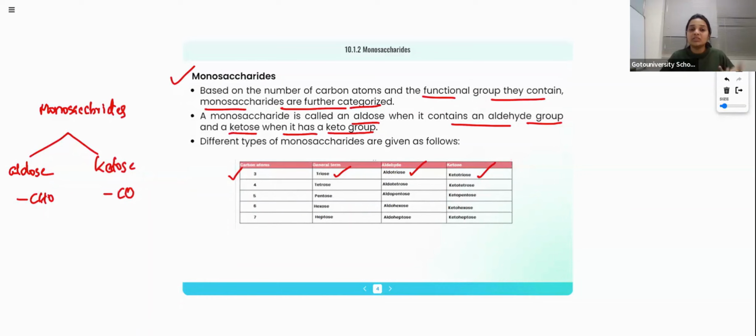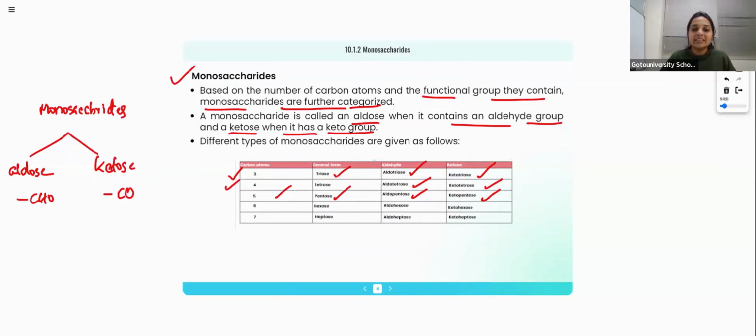Then tetrose, 4 carbon atoms: aldotetrose, ketotetrose. If it is 5 carbon atoms, the common name is pentose, which may be aldopentose or ketopentose. Aldopentose means the group is aldehyde, ketopentose means the group is keto.